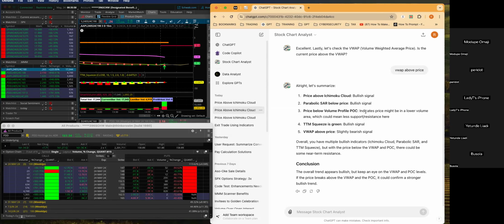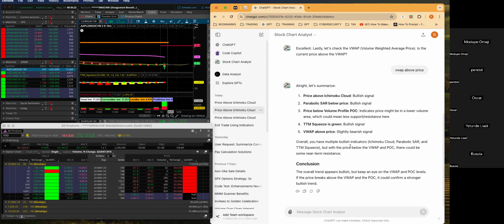Actually, that is a good thing, because if the price is below the POC, it signifies a significant opportunity for you to jump in before everybody else does, right? And the TTM squeeze is green, that's a bullish signal. VWAP above price, slightly bearish signal.